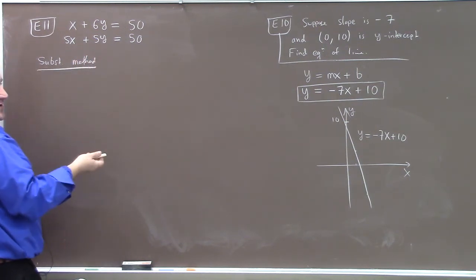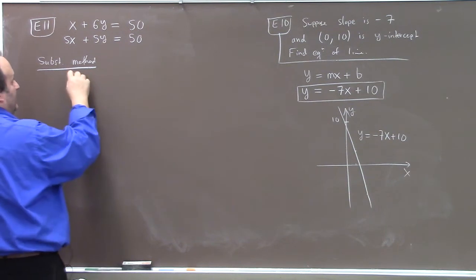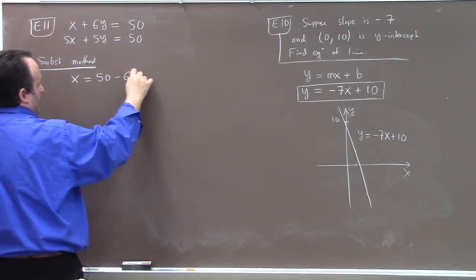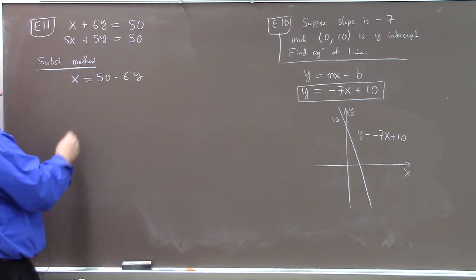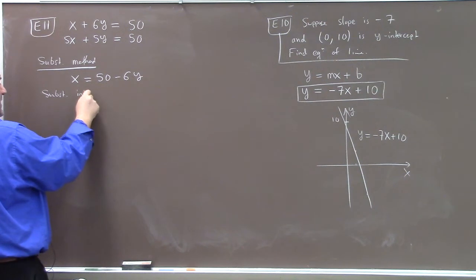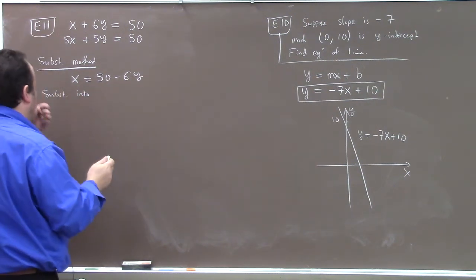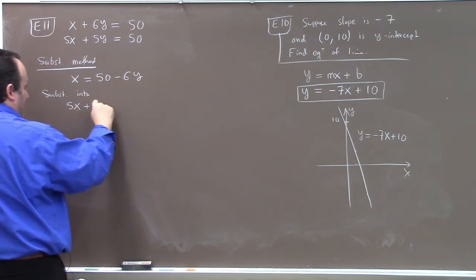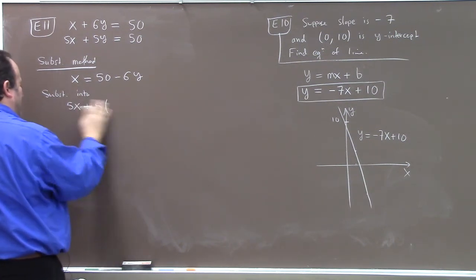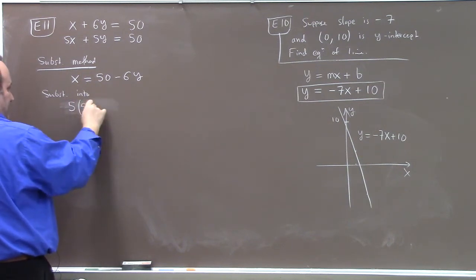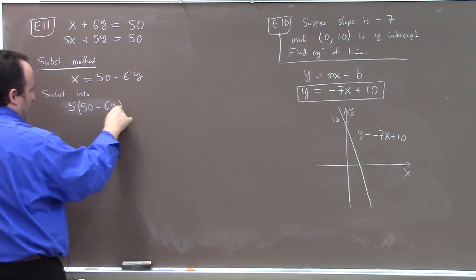So, substitution. Just solve for one of the variables. I will take the first one. We get x is equal to 50 minus 6y, right? Then substitute. 5 times x, what was x? x was 50 minus 6y, right?